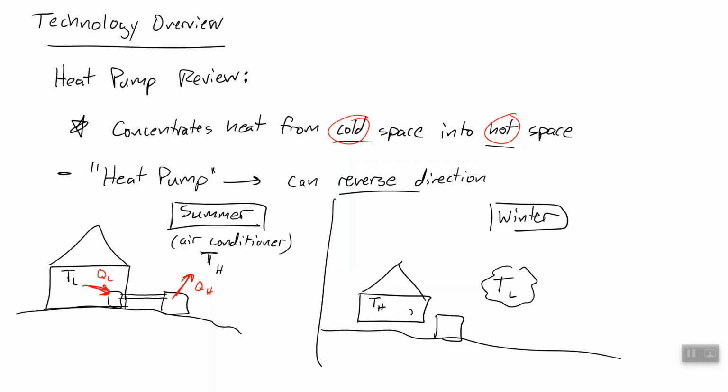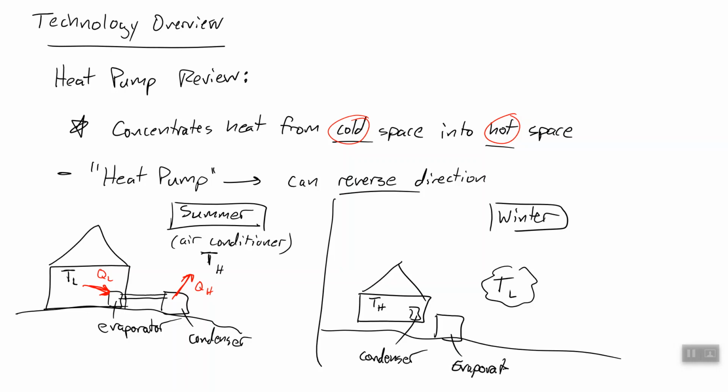We have the same components, whereas before this was the evaporator, and this was the condenser. It is now opposite. This is the condenser, and this is the evaporator.